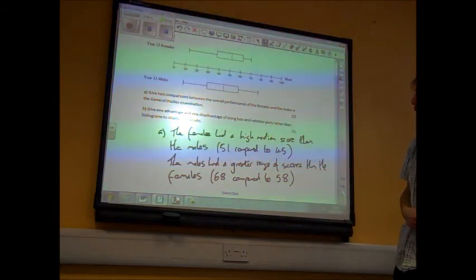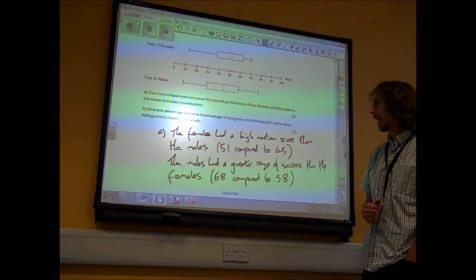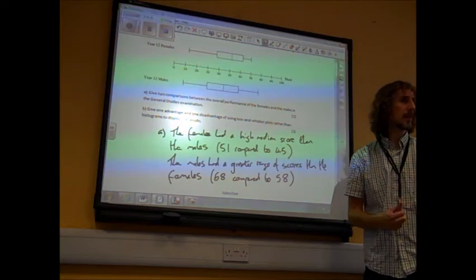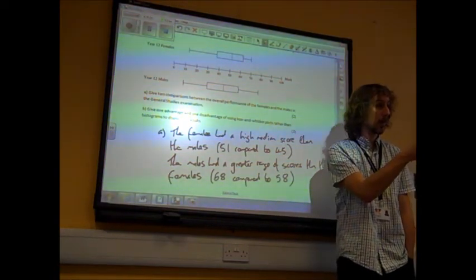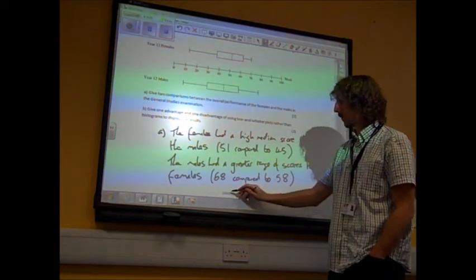Part B, give one advantage and one disadvantage of using box and whisker plots rather than histograms to display the results. Can anybody think of an advantage of using box and whisker? You can see the ranges, the quartiles and the median better with a box and whisker plot.